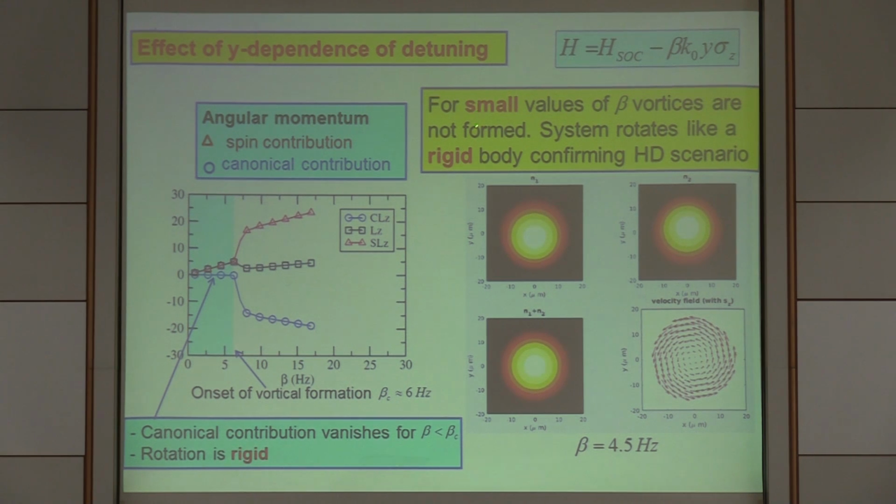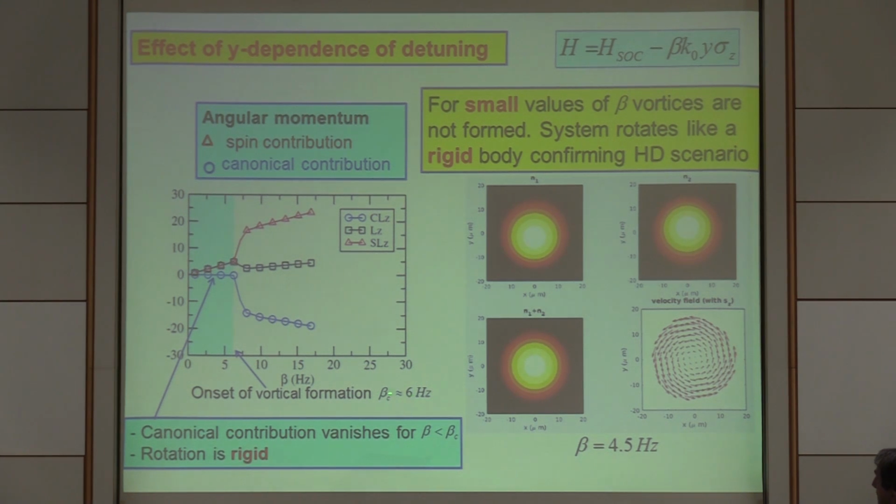And the main point here is that for small values of beta, vortices are not formed. And the system rotates like a rigid body, confirming exactly the prediction of the hydrodynamic theory that I've developed in the previous slides. And you see these are the results for the Gross-Pitaevskii solution. And what's interesting here is to look at the contribution to the angular momentum given by this canonical contribution and due to the spin contribution.